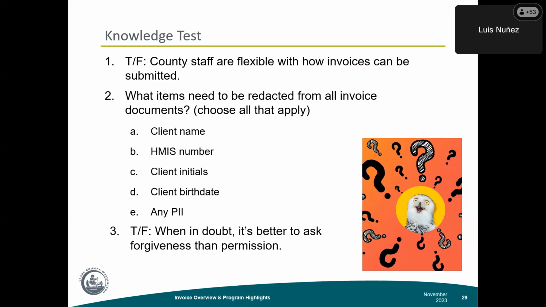A, client names, B, HMIS number, C, client initials, D, client birthdays, and E, NEPII. And the third question, true or false, when in doubt, it's better to ask for forgiveness than permission. Maybe a few seconds, and then we'll switch over to the answer slide.